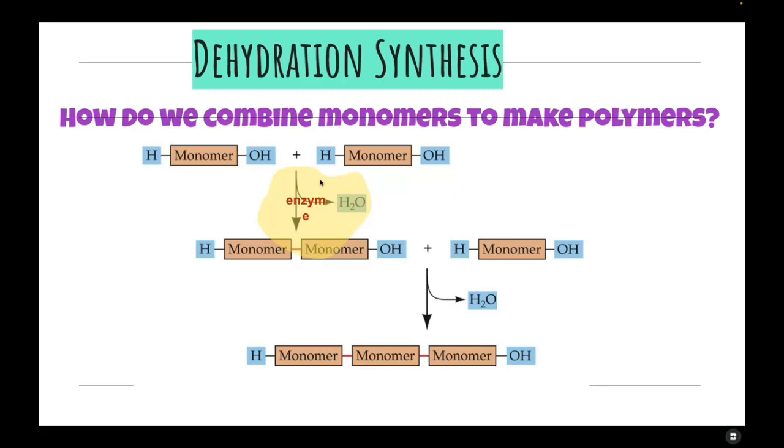And the hydroxide from one monomer and the hydrogen from another form the water that's being released. Okay, so during dehydration synthesis, you're going to be releasing water as a byproduct. Okay, and so water is removed and covalent bonds form between the monomers.